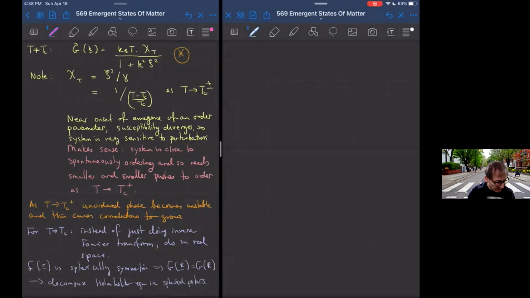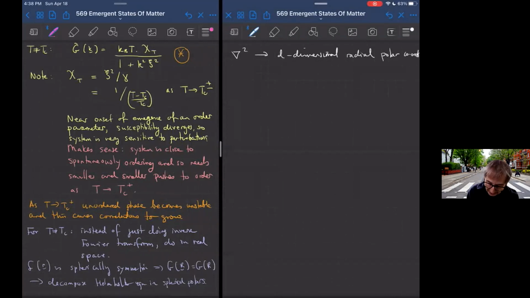So if I do that, then I can write it in the following way, writing del squared in d-dimensional radial polar coordinates.